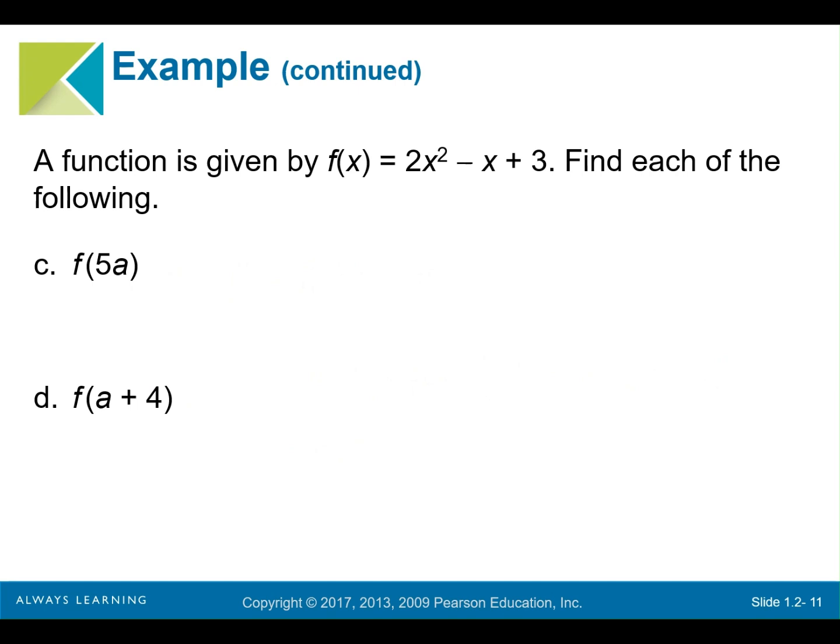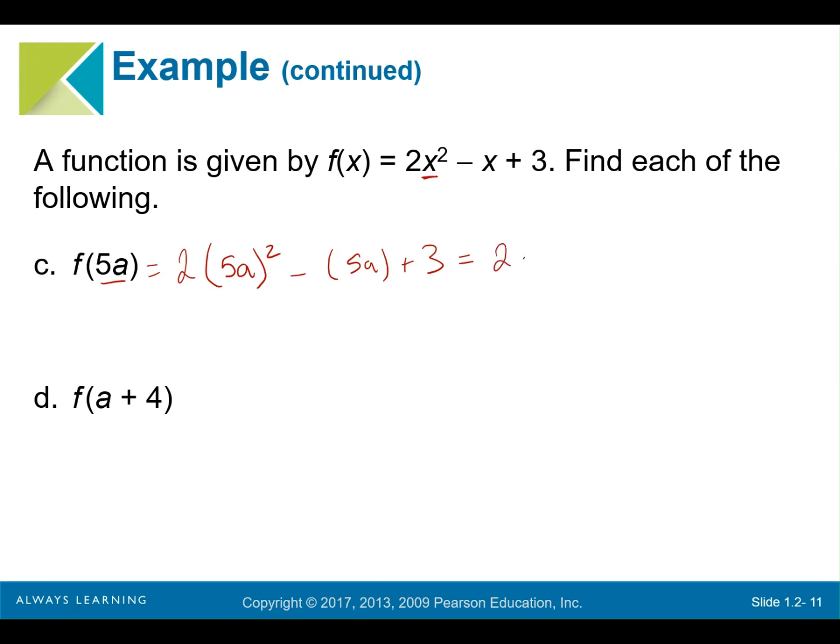And we'll keep going. We can plug in things that are also variables. So I could plug in 5 times a in place of x. And you know what? It does the same exact thing. I'm going to say 2 times 5a squared. So notice 5a goes exactly where the x goes, minus parentheses 5a plus 3. And we'll just simplify this a little bit, but of course we're going to have a's in here.